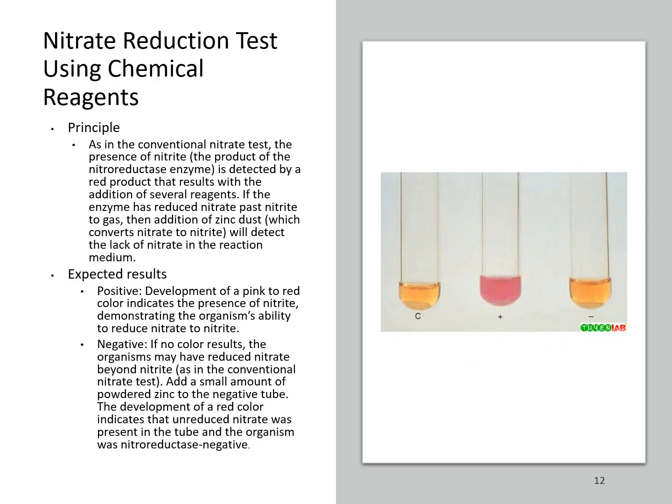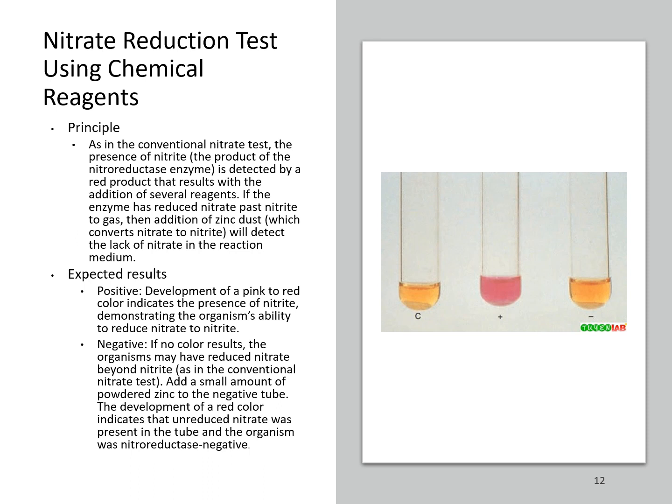Nitrate reduction test, again, there are a couple of different methods. You can have a disc method as well as broth methods. And this is looking for the presence of nitrite, which is detected by red products or a pinkish type color change.